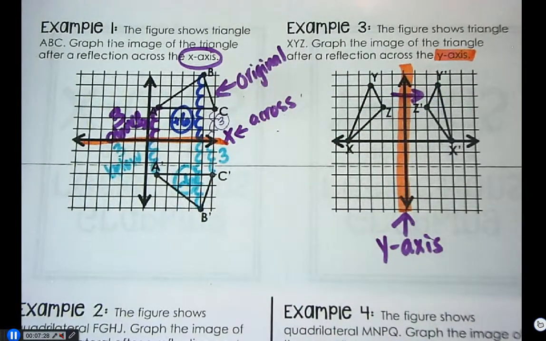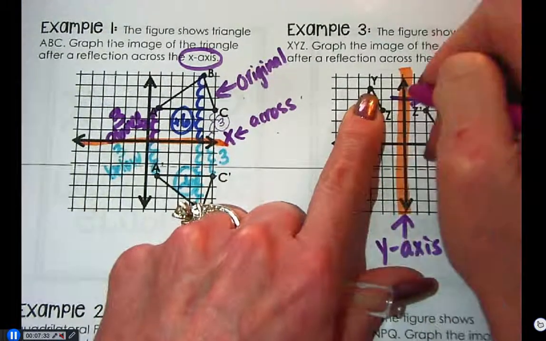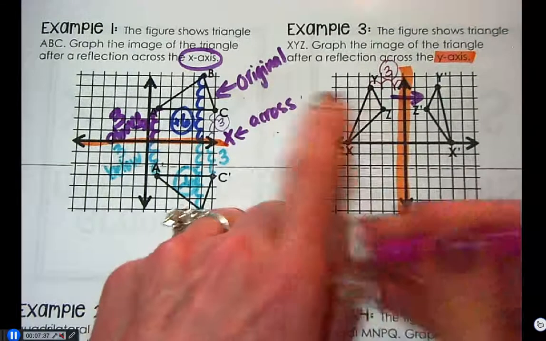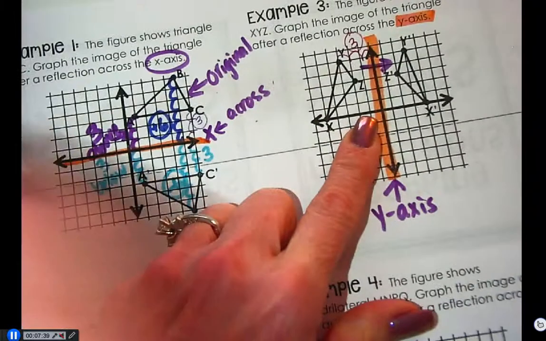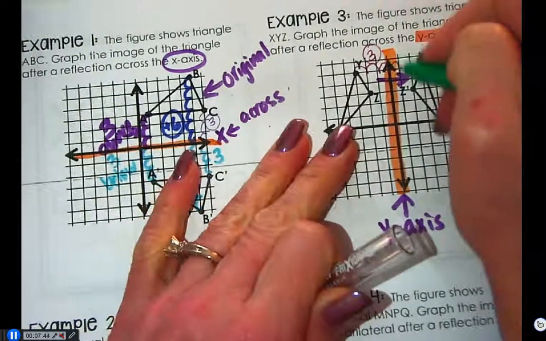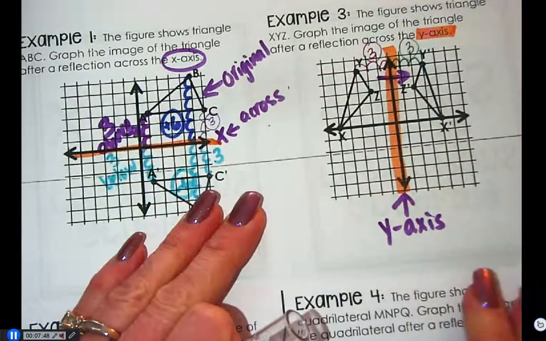You're going to count the number of spaces for each point. So this Y was 1, 2, 3 over here. Okay? So Y prime is going to be what? Also 3 to the right. 1, 2, 3, 3 spaces to the right.